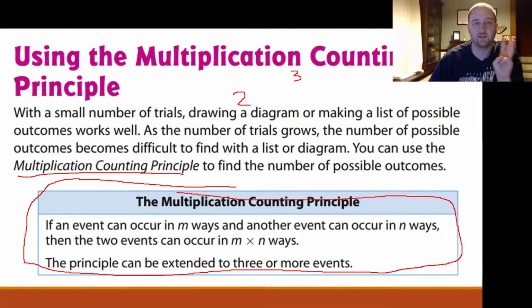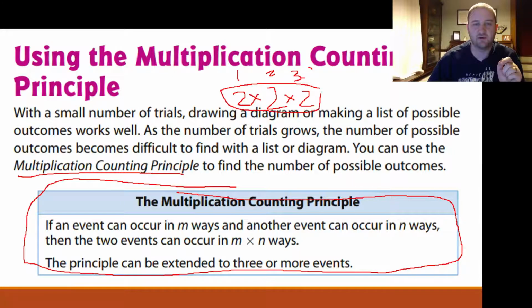So since we have three coin flips, each of them has two outcomes, how you find the total number of possible outcomes is you take 2 times 2, I am not writing correctly today. Oh, 2 times 2, not 2 times x. 2 times 2 times 2. There's 3 events. 1, 2, 3 events.